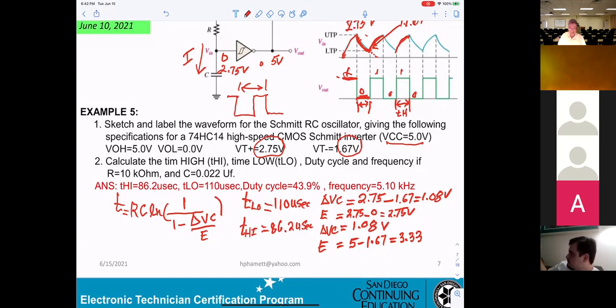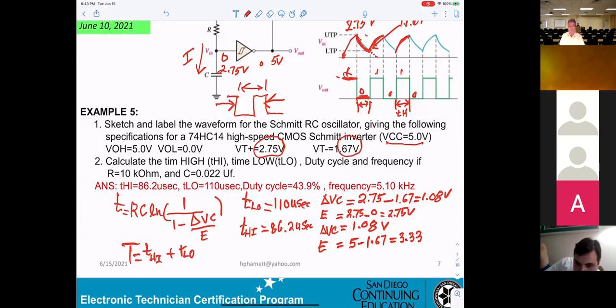Now after you get T high and T low, if you want to calculate the period, you can see from here to here that the period will be T high plus T low.